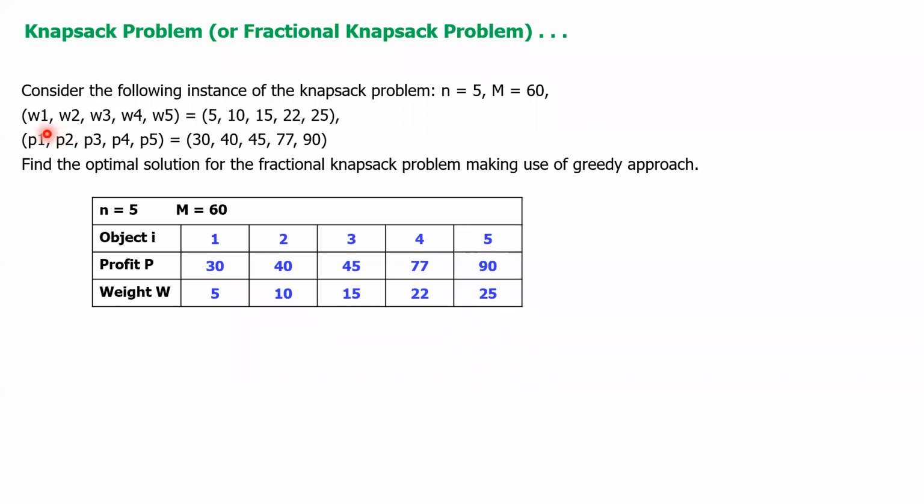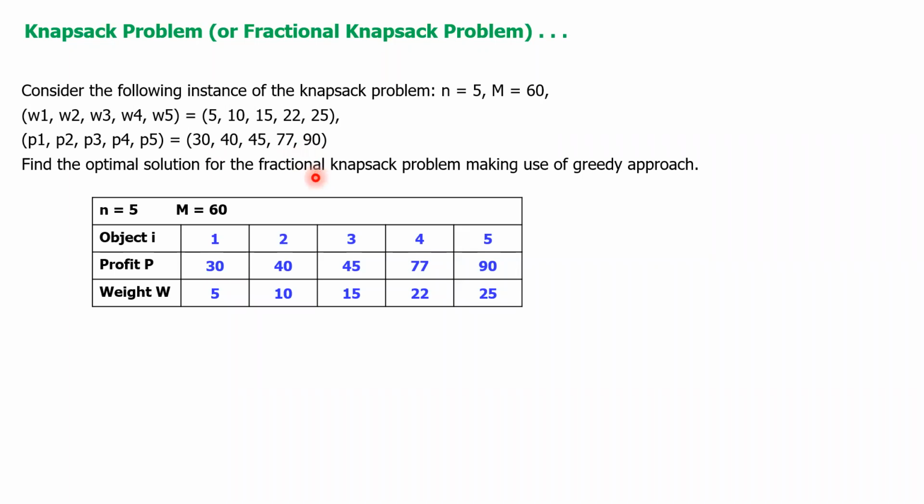And W1, W2, and so on up to W5, these are the weights of the objects. The given weights are 5, 10, 15, 22, and 25. Also, profits are given, P1 to P5, and these are the profits of the objects.